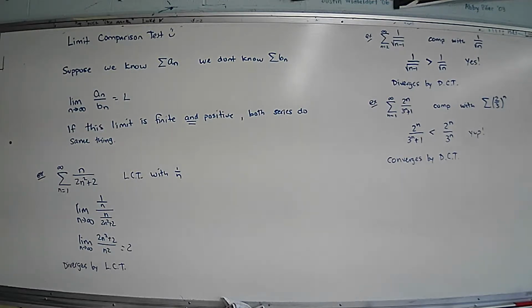It's funny, no one was able to answer this question correctly last period. They all knew how to conclude that 2 meant they both diverged, but when I asked them what the 2 meant, they weren't sure. What limit is it? What are you finding when you take that limit?